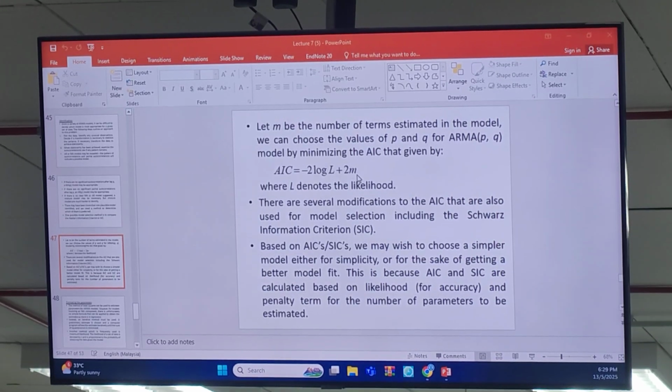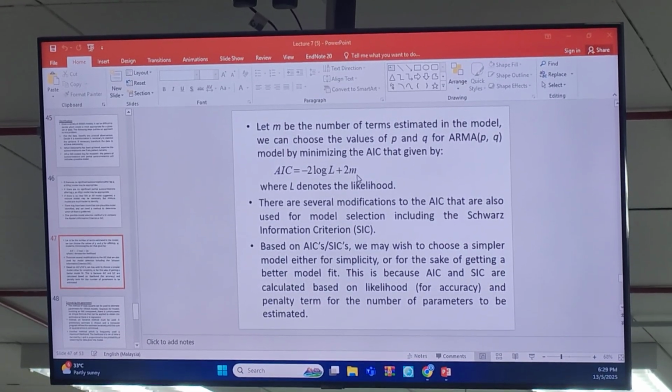So the more AR and MA terms we have, only if the additional terms are able to improve the model substantially, then it will give a better AIC. Otherwise it produces a higher AIC because it penalizes for the additional number of parameters.